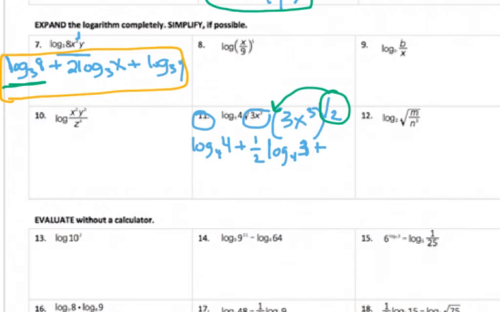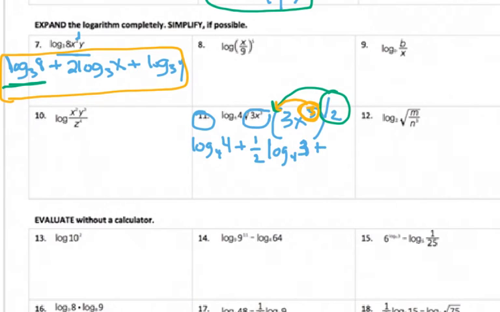here's where it does get a tiny bit tricky, this 5, oh sorry, it's not a 5, it's a 3. I can't read my own writing. This 3 is also going to come out in the front, and it's going to multiply this half.